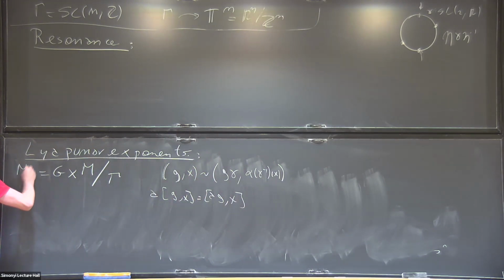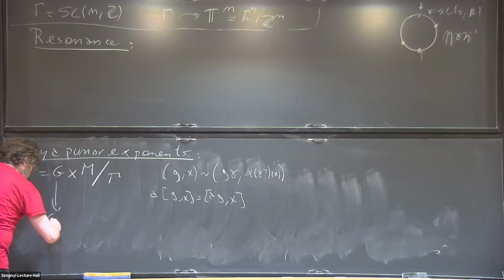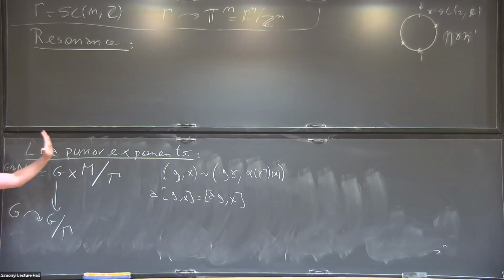You call this M alpha, and this M alpha fibers over G mod gamma, and the G action here fibers over naturally the G action down there. So you have fibers M and G mod gamma in the base.